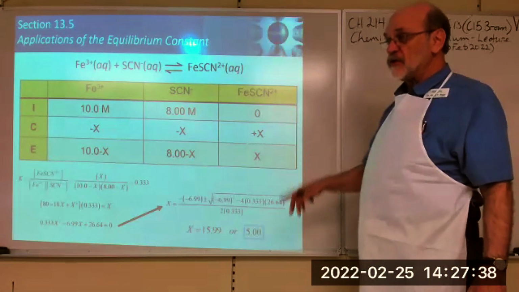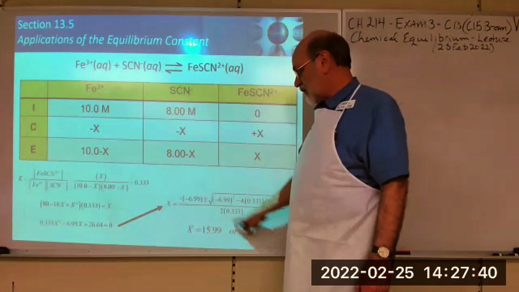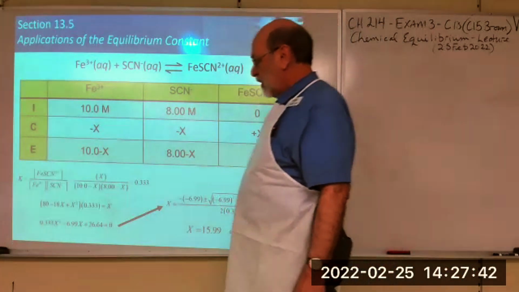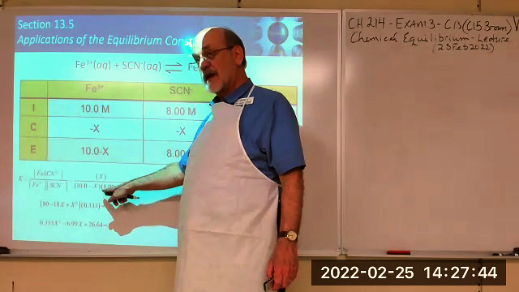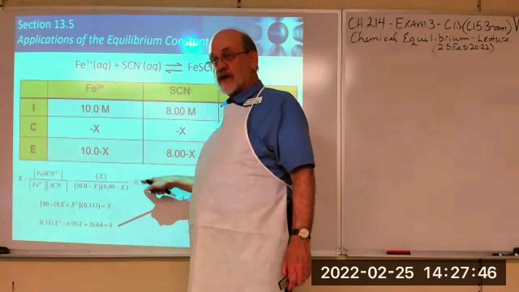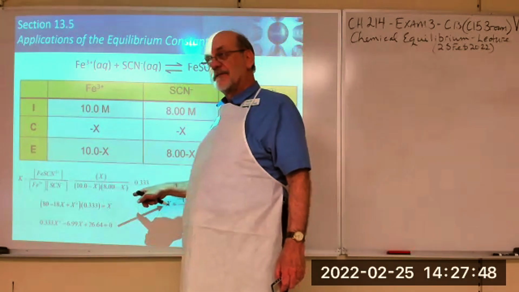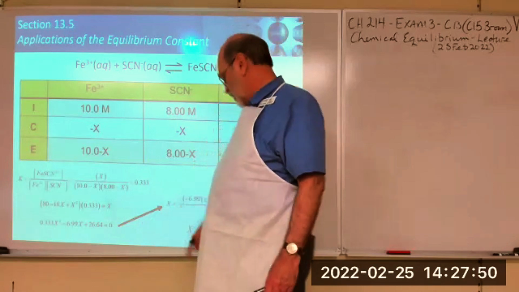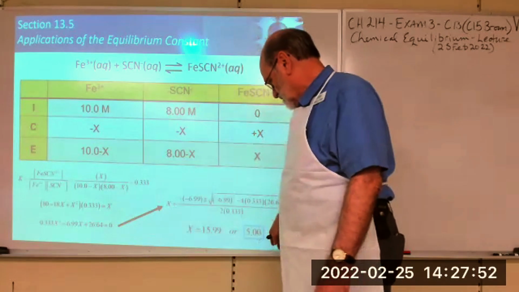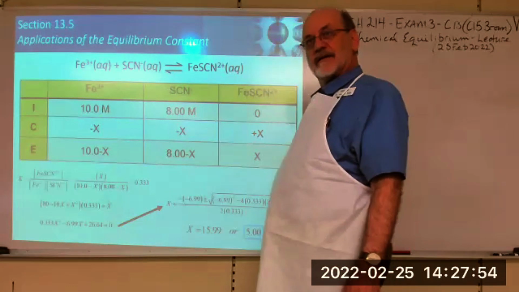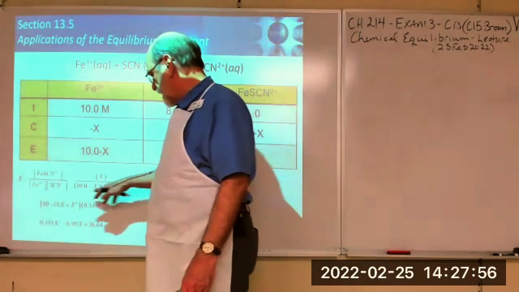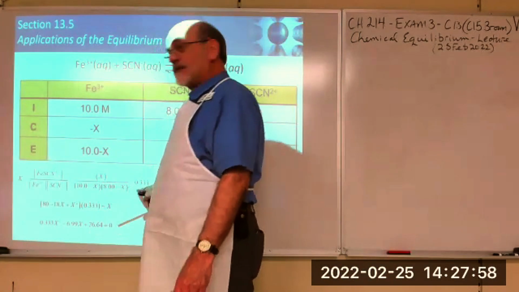And even when you use the estimation method, if we come out with a value, you need to plug it back in this equation and be sure it comes close to that value. Okay, so if it were, I don't know, 0.1, and we plug in 0.1 here and here and here and say, does it come out to that value?